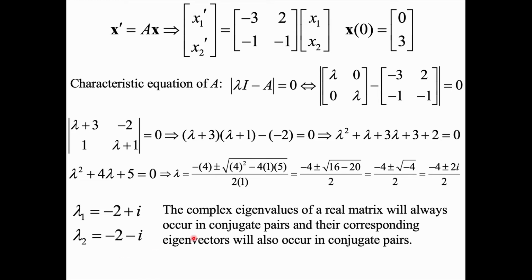The complex eigenvalues of a real matrix will always occur in conjugate pairs. We know that because it came from the quadratic formula. We have plus or minus. So we have conjugate pairs all the time whenever you have complex eigenvalues. And as it turns out, their corresponding eigenvectors will also occur in conjugate pairs. We could prove that initially and then show how it turns out to be the case in this problem.